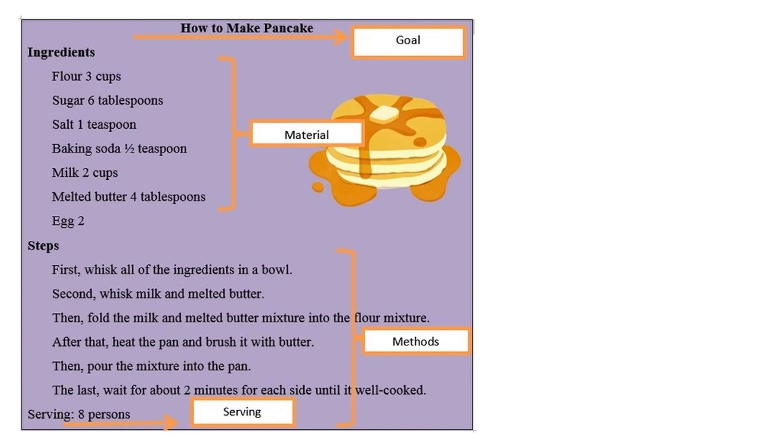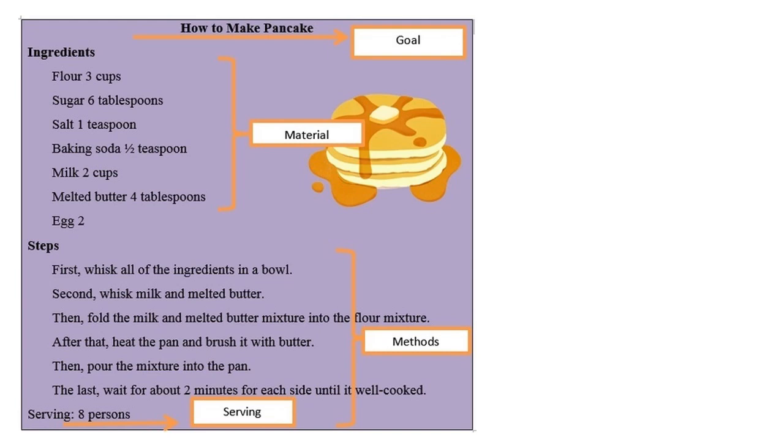Okay. If you can analyze this example, so how to make a pancake itu adalah tujuan, goal, what you want to achieve, right? Di sini si penulis ingin mencapai sebuah tujuan, yaitu membuat pancake, right?